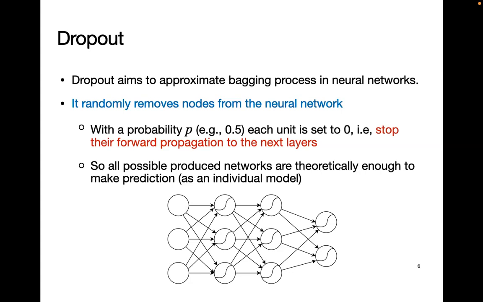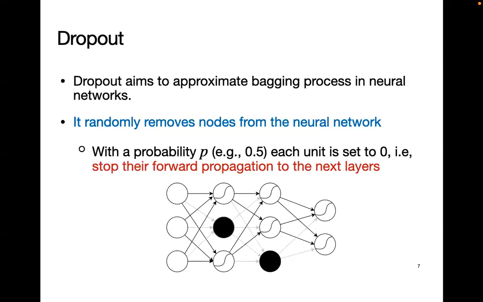So the idea is that if you turn off one neuron, you're having basically a different model. By doing it randomly, we can therefore have a lot of sub-networks that are derived from the original network. For example, one run of bagging can be, in this case, where you have these two neurons that were dropped out.